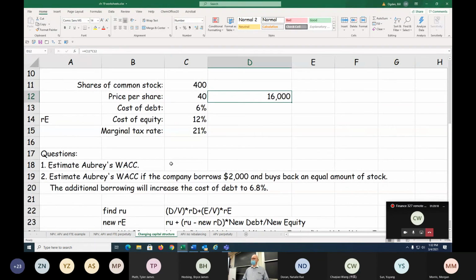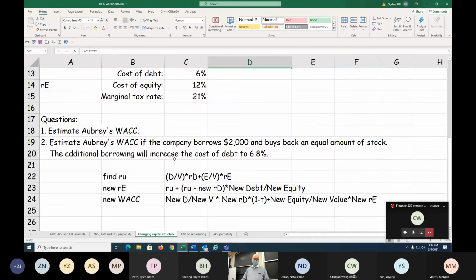Estimate the WACC. That will not take long. Next thing. If the company borrows $2,000 and buys back an equal amount of stock, the additional borrowing will increase the cost of debt to 6.8%.